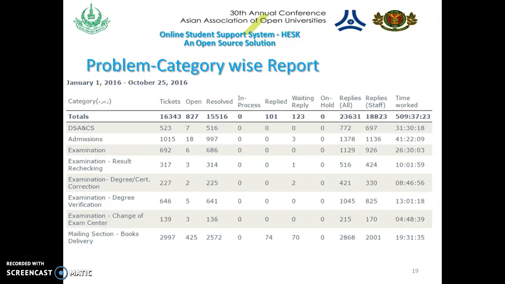You can also extract the report by giving the time period, showing how many queries belong to a specific problem. Like in this report, we can see that the majority problem belongs to books delivery, and second, the problem belongs to admissions queries.